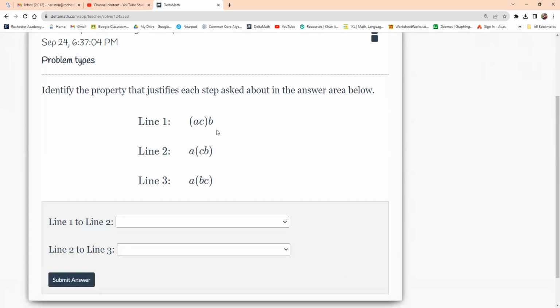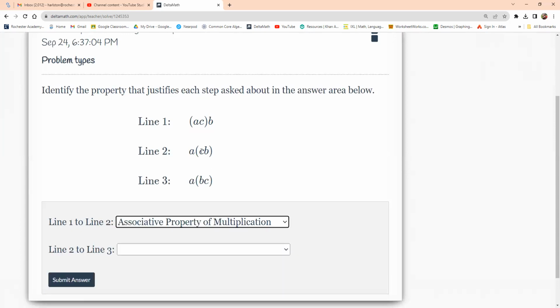Okay, we got more. If you look, the order of the letters from line 1 to line 2 is the same: ACB, ACB. So this is not commutative. What you see is a regrouping. We're no longer associating with the A, we're associating with the B now. So this is an example of the associative property of multiplication.